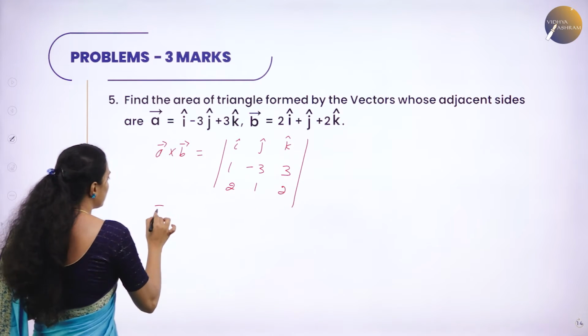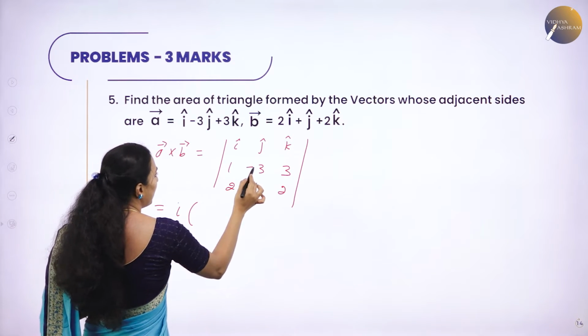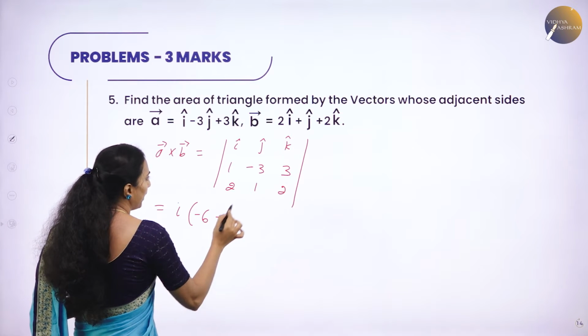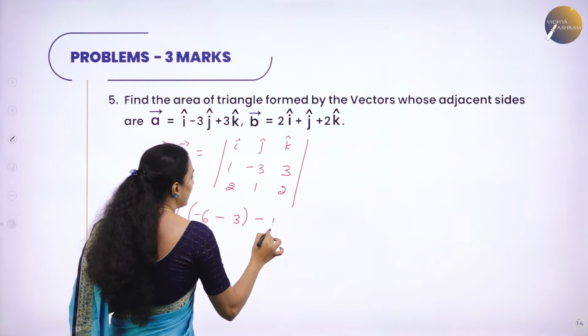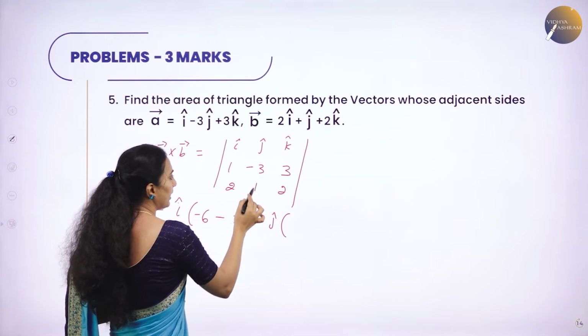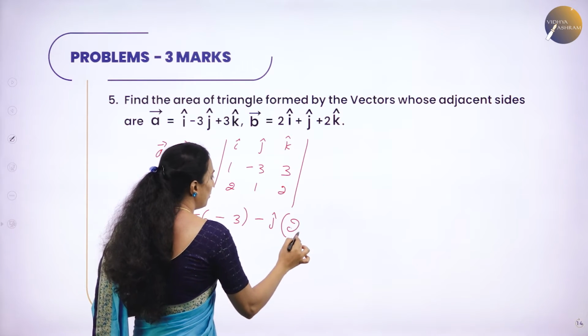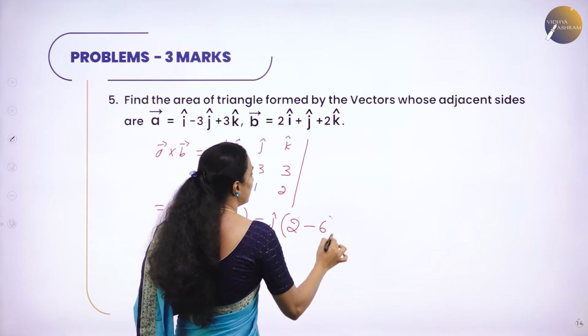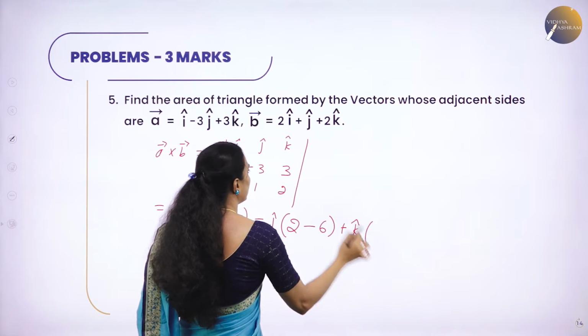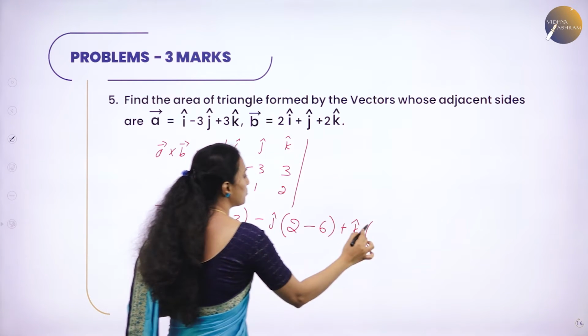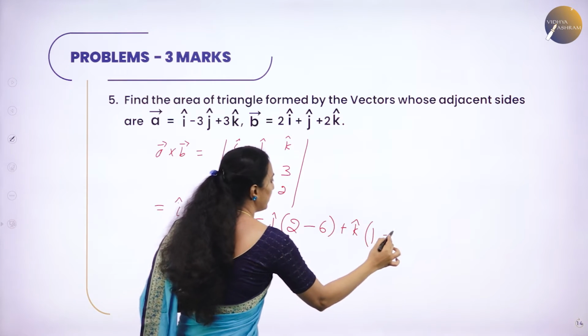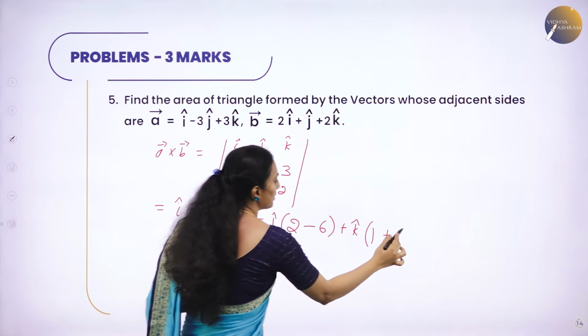Now expanding this, which will be giving you i into minus 3 into 2 is minus 6, minus 1 into 3 is 3, minus j into, leaving the second column, 1 into 2 is 2, minus 3 into 2 is 6. Again plus k into, leaving the third column first row, 1 into 1 is 1, minus already is there, plus it will become 3 into 2 is nothing but 6.